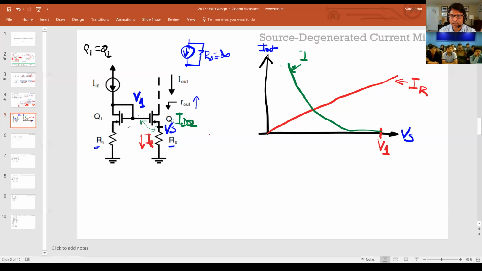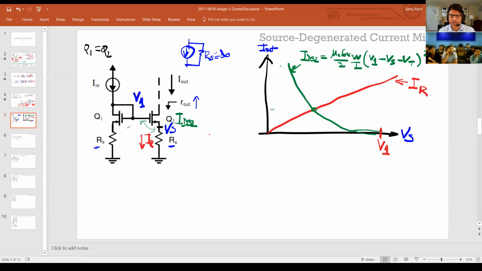And so that's your IDS2, which is our famous equation, mu n Cox over 2 W over L, times V1 minus Vs minus Vt squared, right? So if I write that equation, this is the graph I'll get. Now, this is the same branch, which means that the only solution for these two are where they meet, right here.